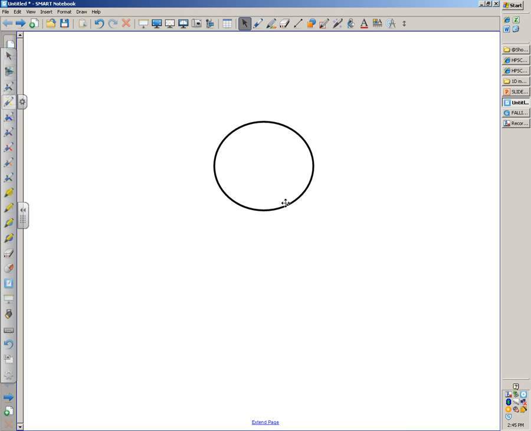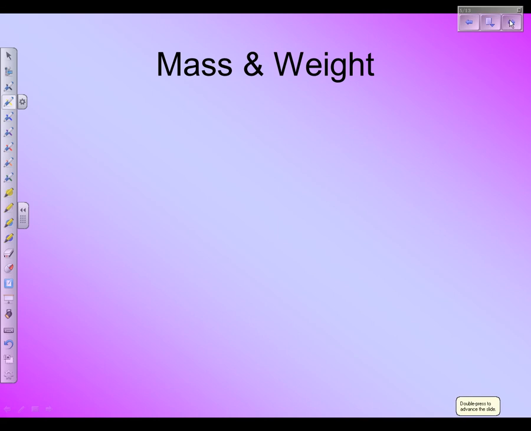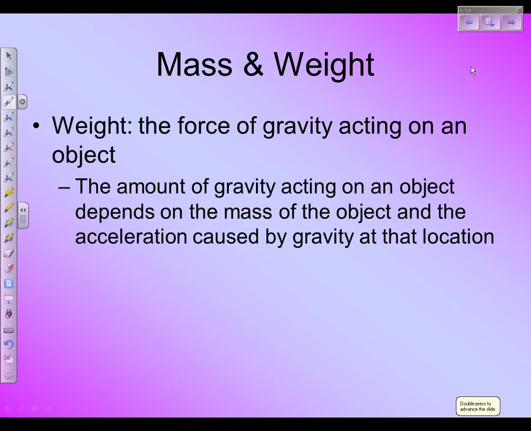So Maddie asks, if the object is at rest, that means that its acceleration is 0. Therefore, if we just learned the weight depends on the mass and the acceleration caused by gravity, so if the acceleration of the object is 0, does that mean it only depends on mass? And the answer is no.